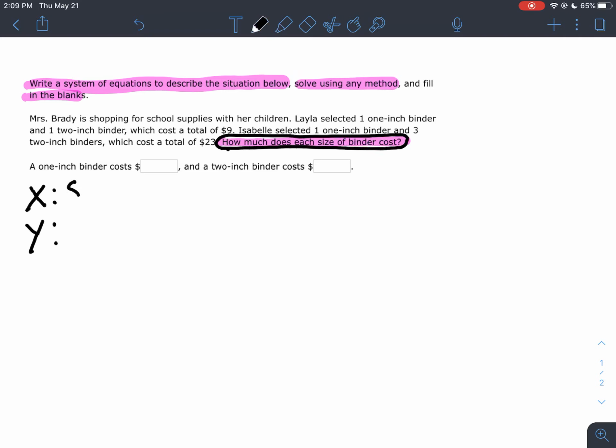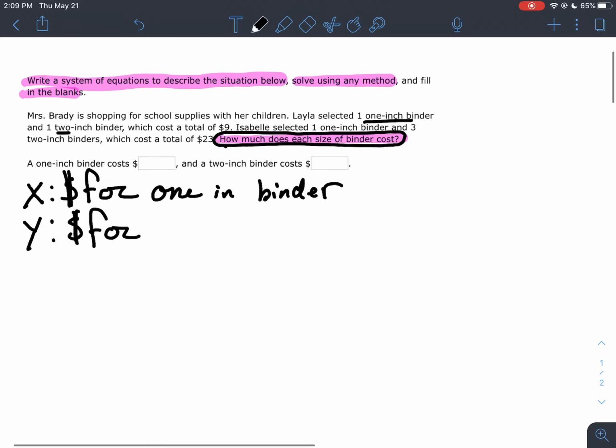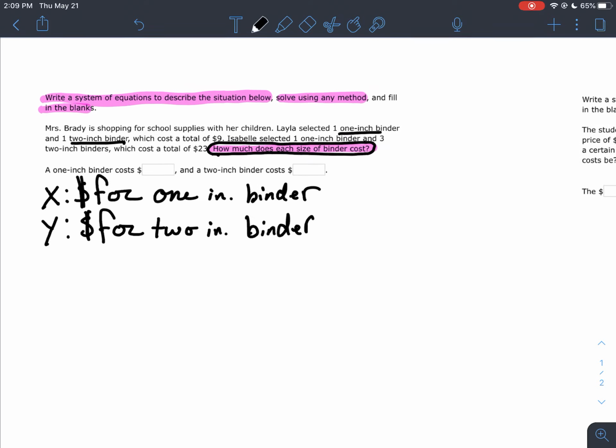We're going to break it down and look at the cost for a 1-inch binder, and the other one that we have is the cost for a 2-inch binder. So now we have x's are the cost for a 1-inch binder and y's are the cost for a 2-inch binder. So let's go back and look at this.